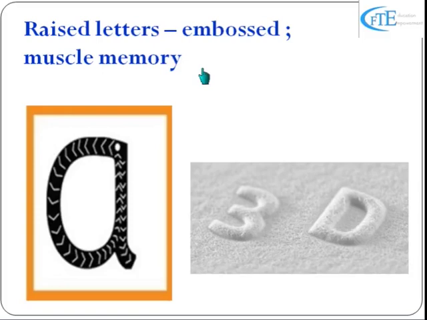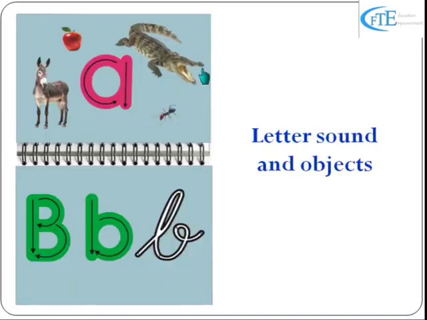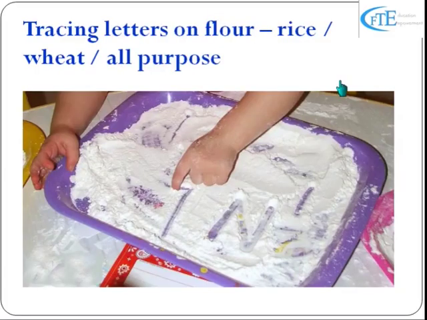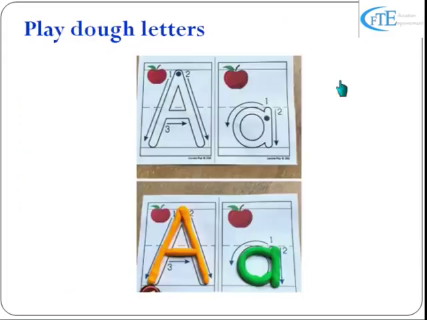Hence, we recommend embossed letters. And behind each card, objects that begin with the name of the letter. Tracing on some kind of flour and then putting Play-Doh on the outlines of letters. All these activities are pre-writing activities.